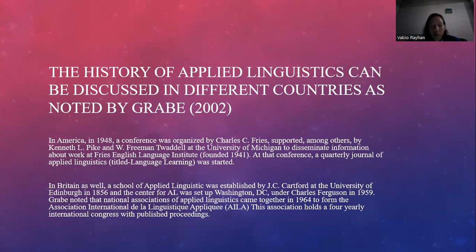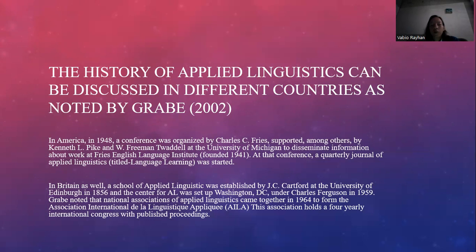In Britain as well, the School of Applied Linguistics was established by J.C. Catford at the University of Edinburgh in 1956, and the Center for Applied Linguistics was set up in Washington, D.C. under Charles Ferguson in 1959.